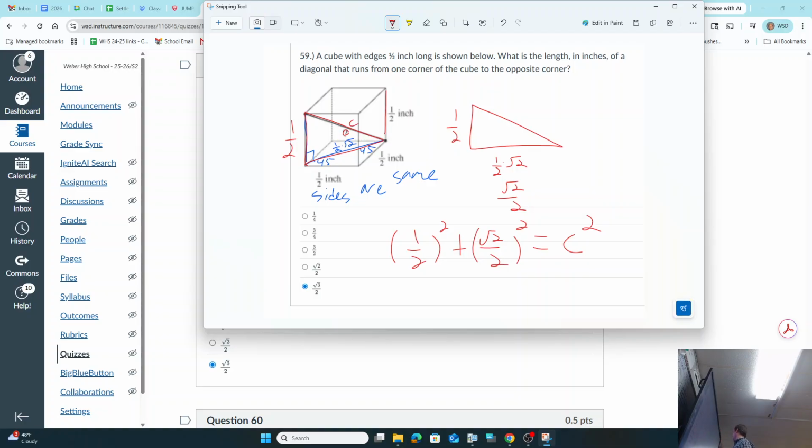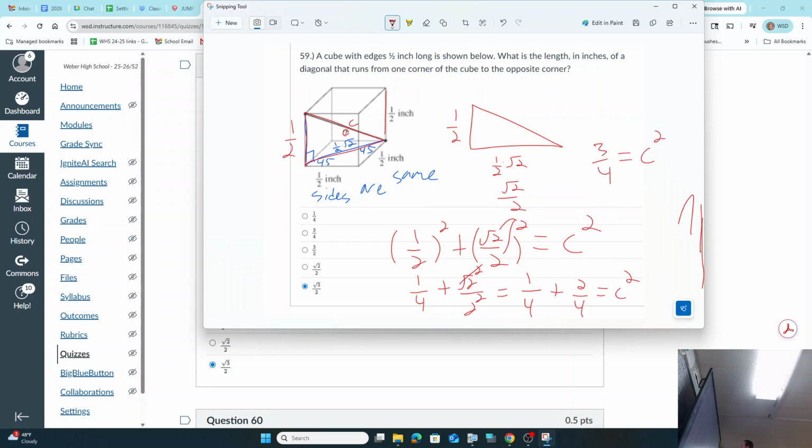That's c. So then that's 1/4 plus distribute the 2. So that's radical 2 squared over 2 squared. So that goes away. So it's actually 1/4 plus 2/4 equals c squared, right? So 1/4 plus 2/4 is 3/4.